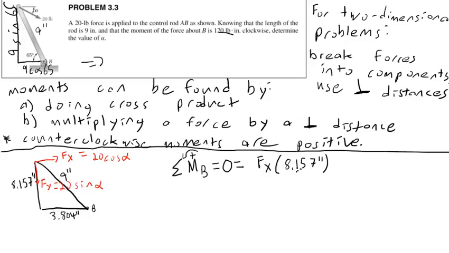Now I do need to make this negative, because it's generating a clockwise moment about point B. A counterclockwise moment is positive, a clockwise moment is negative. Plus Fy, the y component of the force, times its perpendicular distance, 3.804.